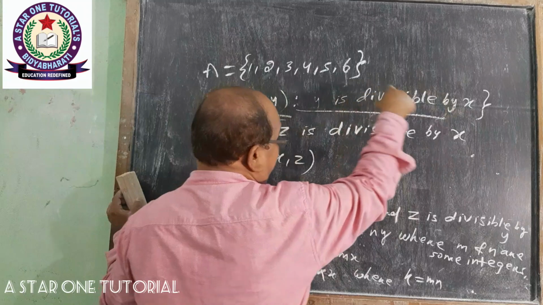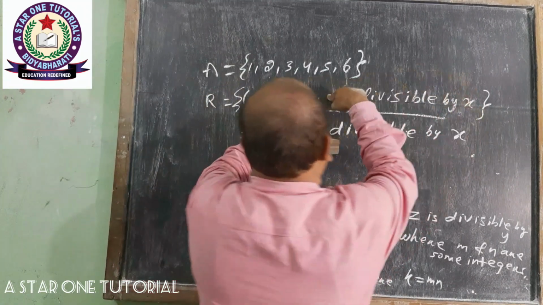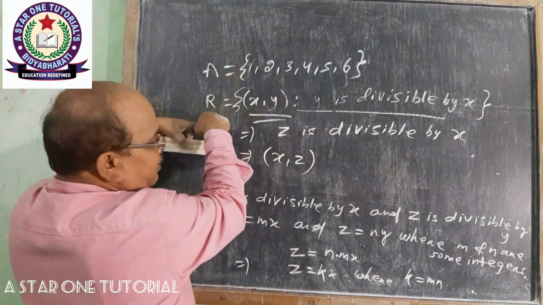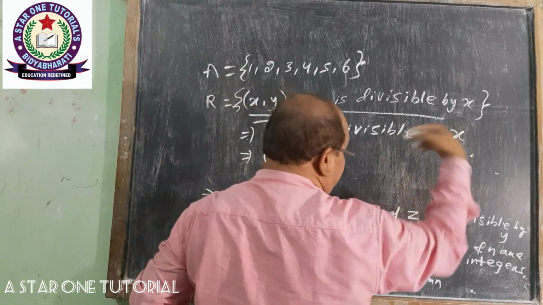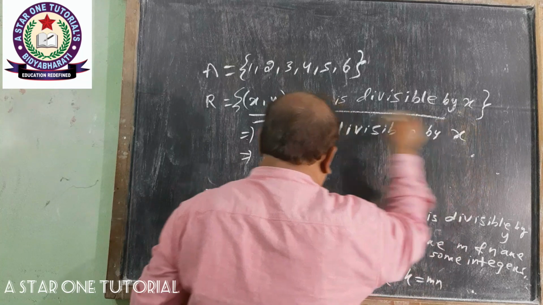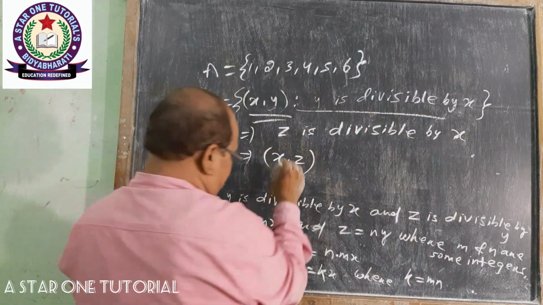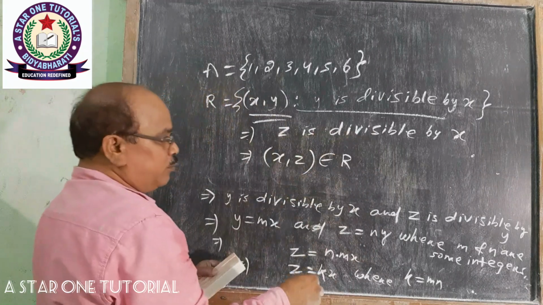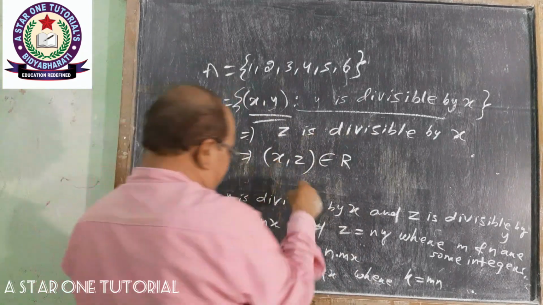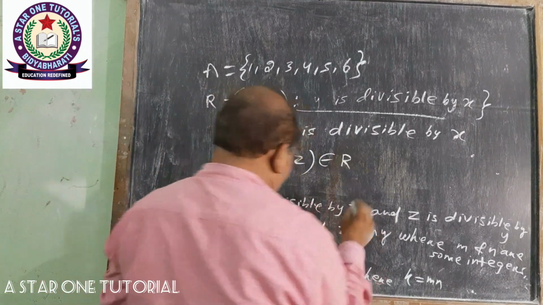Similarly, here z is divisible by x. What does it mean? It means the ordered pair (x, z), not (z, x). So (x, z) belongs to R. Some students write (z, x), but don't write that one. So (x, z) belongs to R.